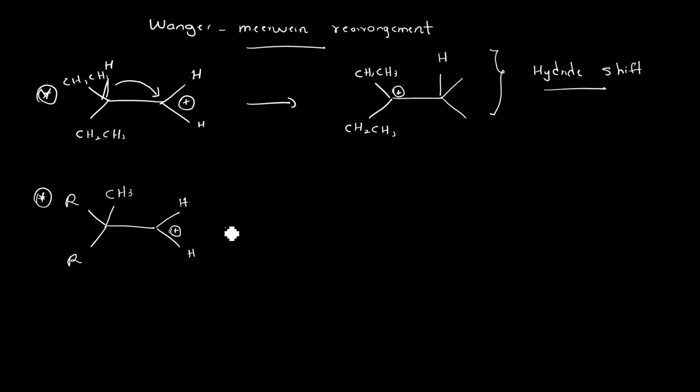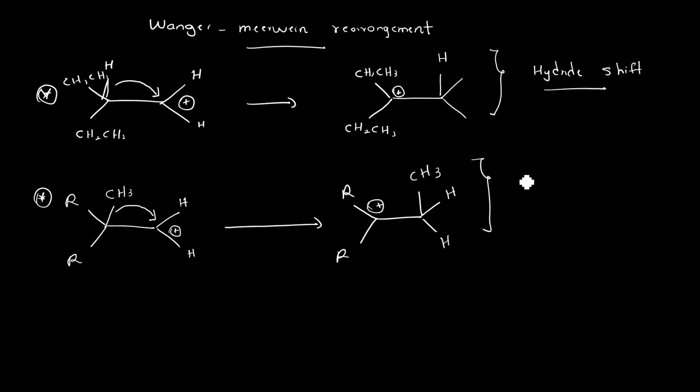You can see the positive charge in this place is not stable, but in this particular place it's much more stable because of the electron density donated towards our carbocation center. Now our methyl group can shift into this place, resulting in our newly formed carbocation, which is like this. We call this a methyl shift.